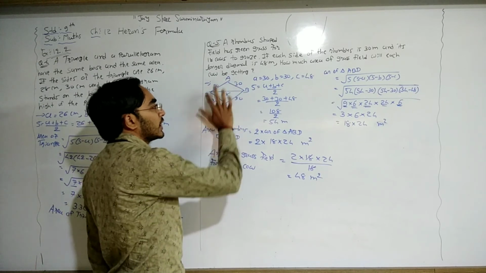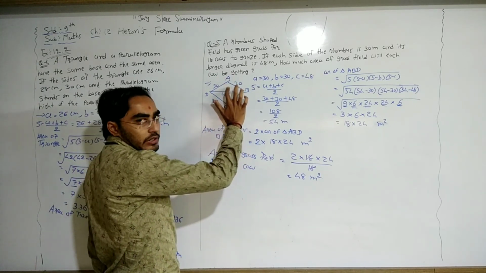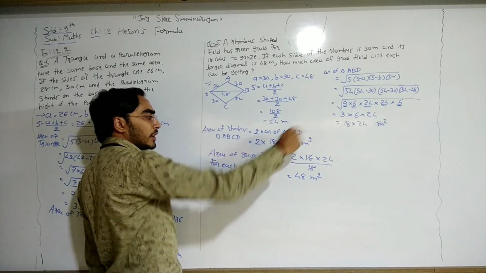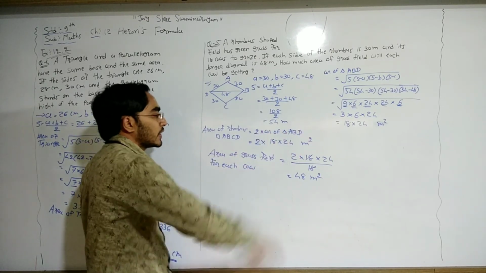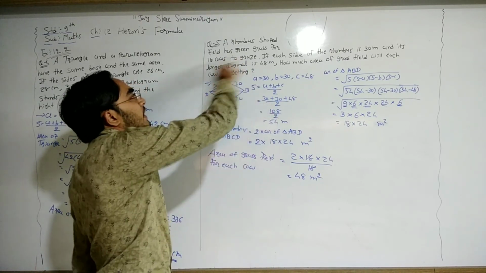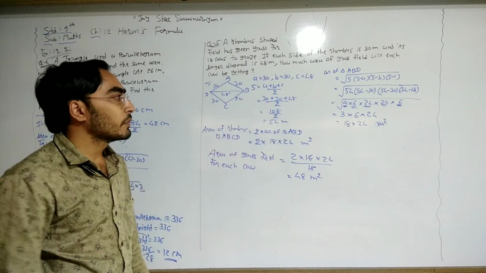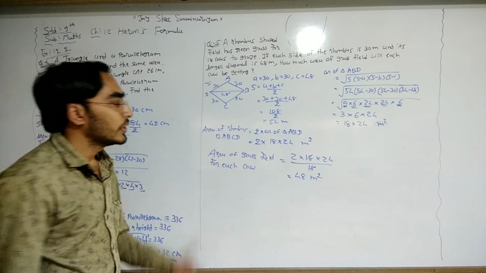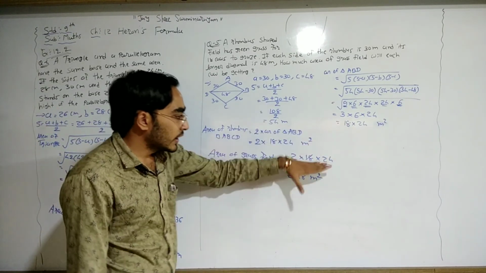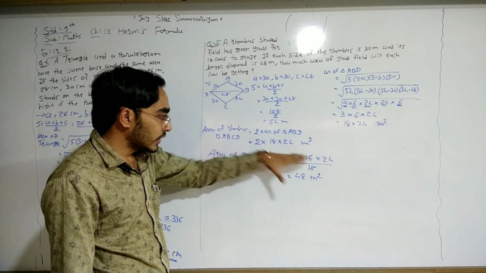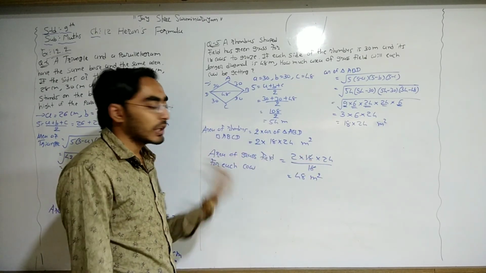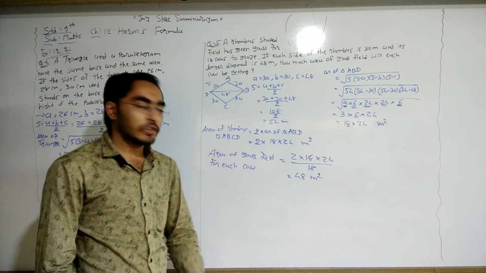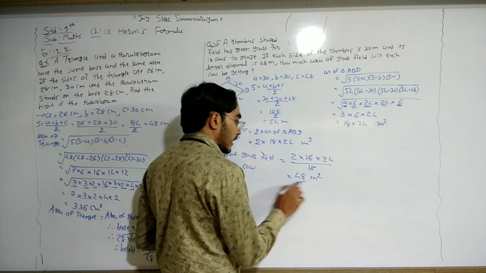The total area of the rhombus is 2 times this, so 2 multiplied by 18 multiplied by 24. This area is for 18 cows, so the area of grass field for each cow is this area divided by 18. 18 cuts, and our answer is 48 meter square.